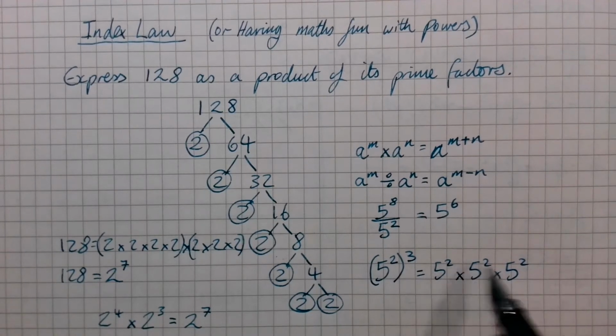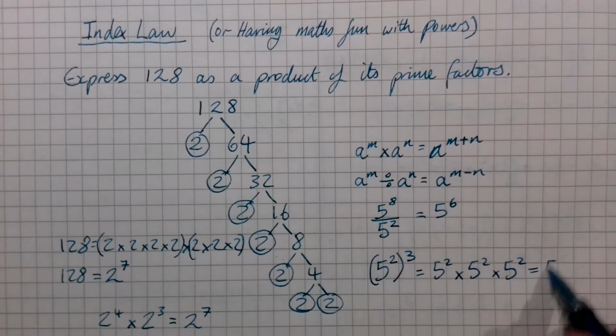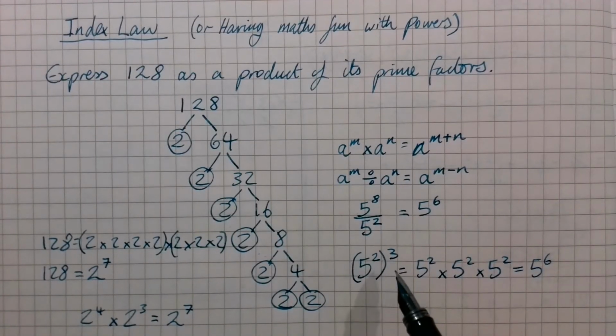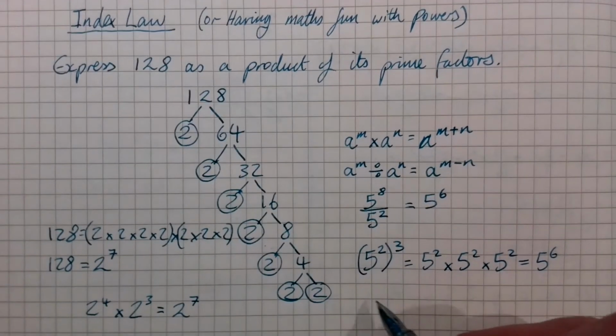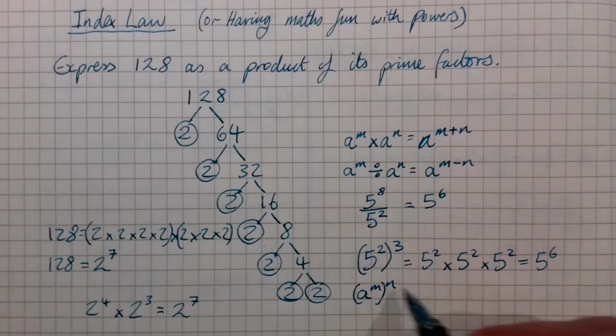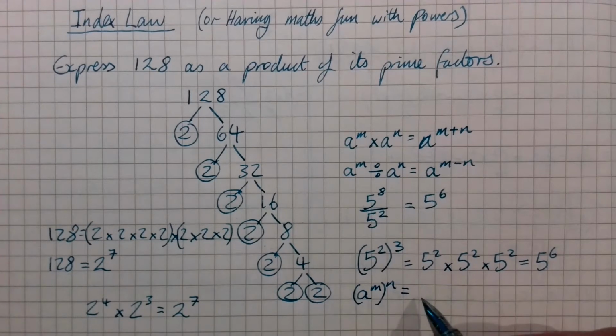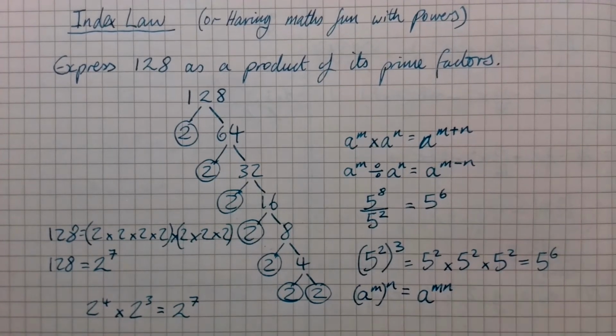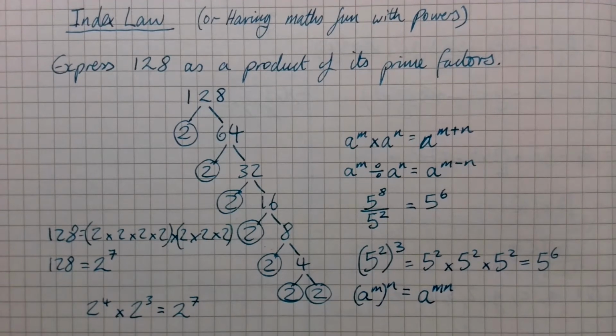That would be 2 plus 2 plus 2, which is 5 to the power 6, which is 3 2's. So when you've got a bracket, we can say a to the power m with an n, that's going to be equal to a to the power m times n, which I could just write as mn, couldn't I?